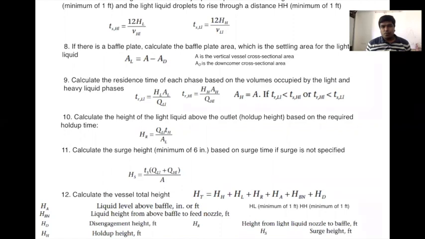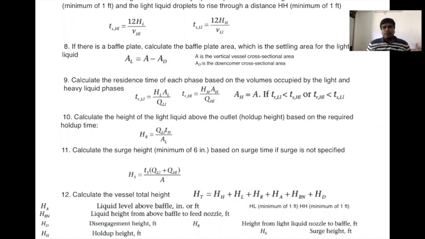Now coming to point number 9, we have to calculate the residence time for each phase on the volume occupied by light and heavier liquid. This residence time is nothing but the time up to which the liquid is stored in that particular column.